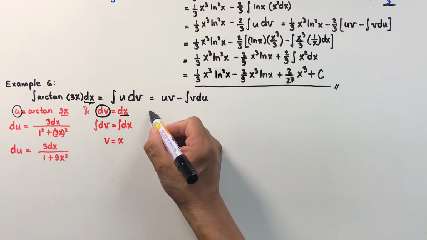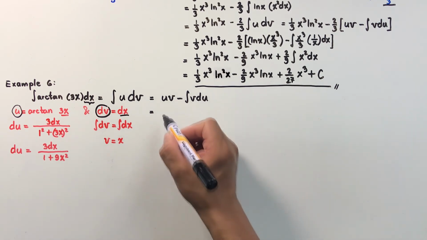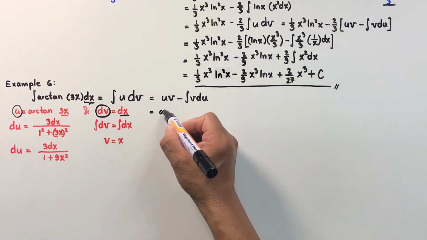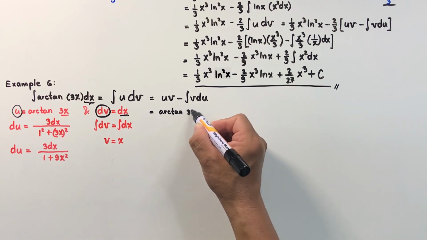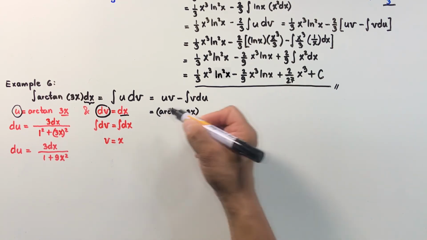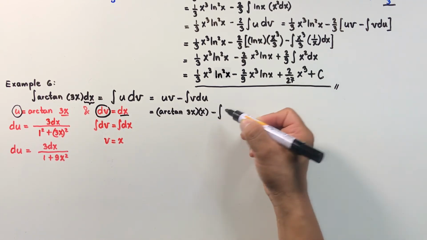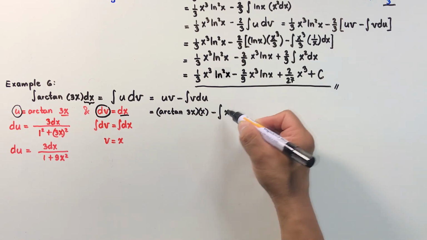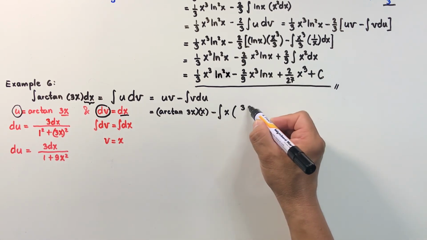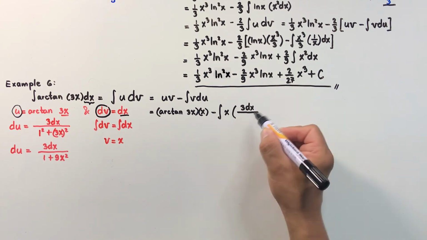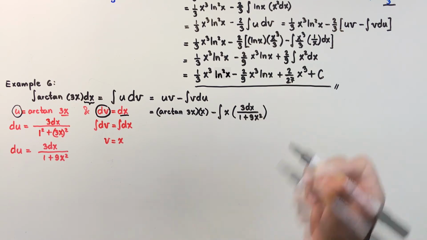So substituting back our original representations, this u, which is the arctangent of 3x, will be multiplied to our v, which is x. And this will be subtracted by the integral of v, which is x, and the differential of u, which is 3 dx over 1 plus 9x squared there.